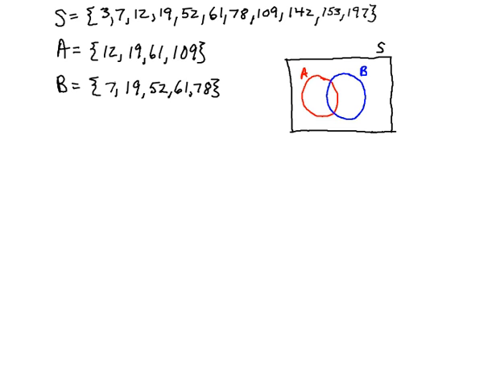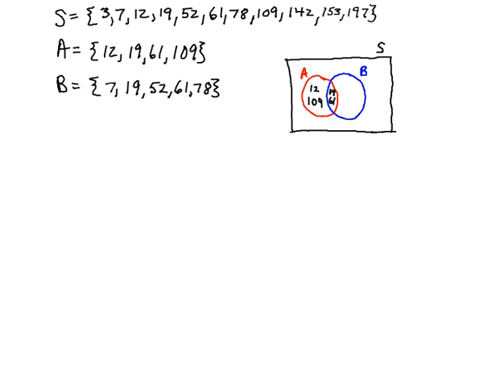Notice that A and B do have elements in common. That would be the 19 and the 61. Values that are in A but not in B would be the values 12 and 109.